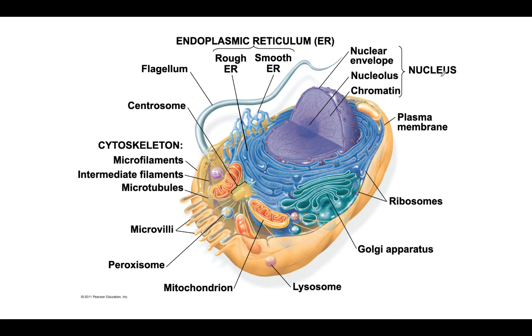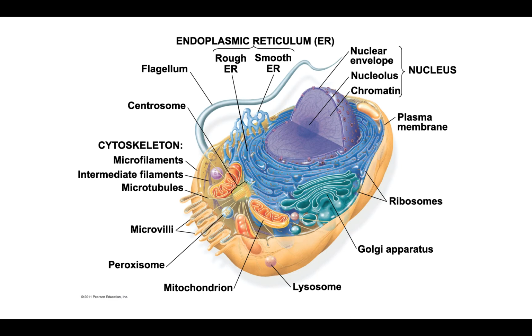Three parts form the nucleus. If one is missing, we cannot say the cell has a nucleus. That's the reason why we describe the prokaryotic cell as not having a nucleus. A prokaryotic cell does not have a nuclear envelope. It does not have a nucleolus. Therefore, we cannot say a prokaryotic cell has a nucleus.